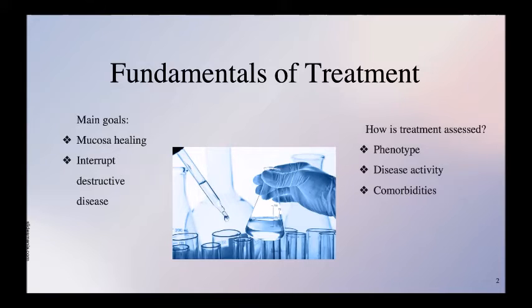The choice of the initial drug from an increasingly expanded matrix of medication is directed by the phenotype of the patient, disease activity, comorbidities, and other individual characteristics of the drug and the patient. In most cases, a fast-acting short-term use agent is used to achieve rapid symptom relief and disease control.